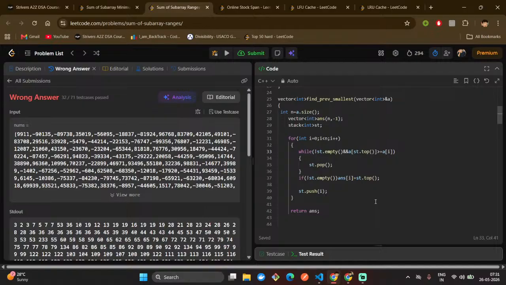Find the previous minimum element, the smallest element we have. Okay. So this we have 0.